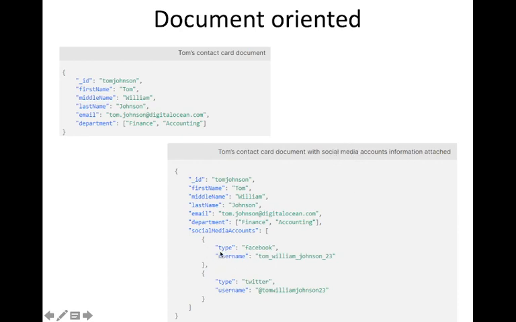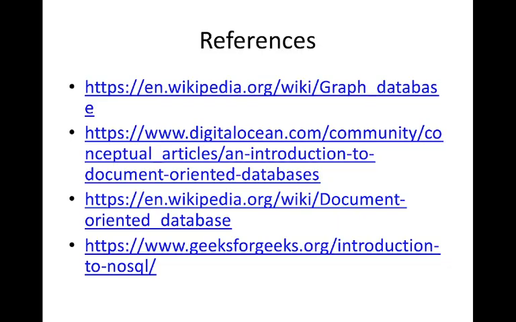So all the social media accounts of Tom Johnson are also stored here like this. So it is a document-oriented approach. Okay, if you can see, in addition to all these details, we have the social media accounts, the Facebook account, the Twitter account, everything is stored here. So this is how we store data in the document-oriented approach.